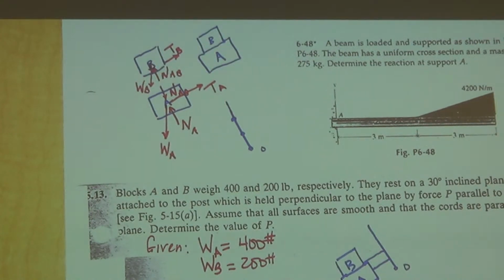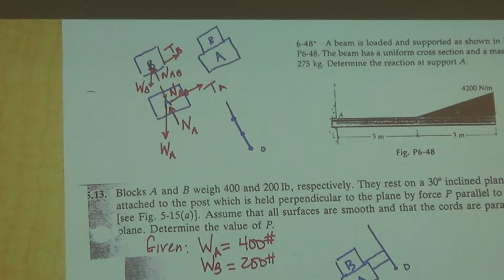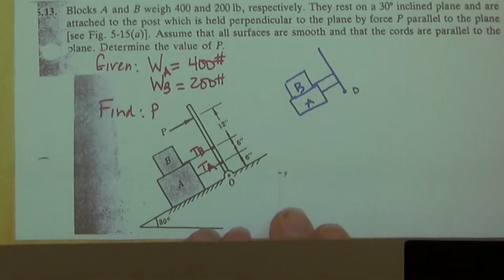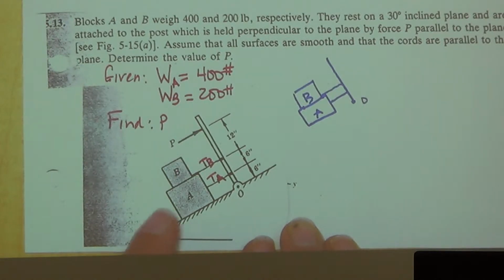The weight and the surface? Well, the surface isn't drawn up here, right? Oh no, I mean the bottom of the block. So right here, I see that the 30 degrees lies between the horizontal and the surface, right? Between the horizontal and the surface.